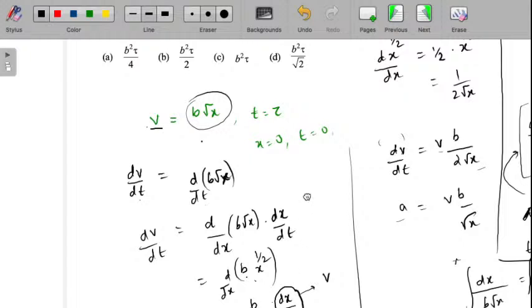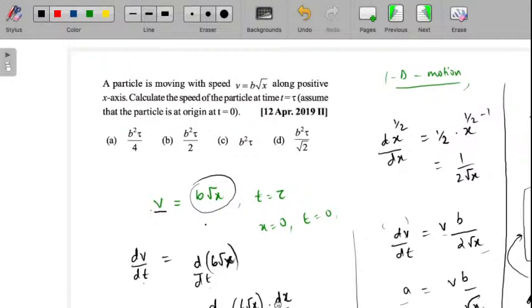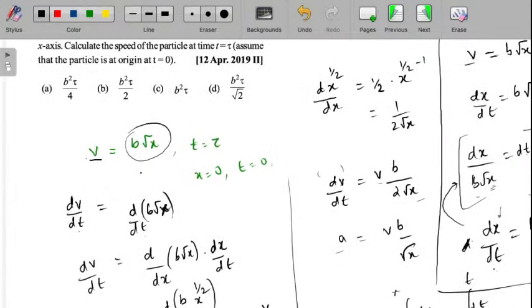How would we find the velocity from this? Because here I'm interested in finding the speed. What is speed? Speed is dx by dt. Dx by dt from here just has to be the differential of this, d by dt of 3 by 2b into t whole power 2 by 3.